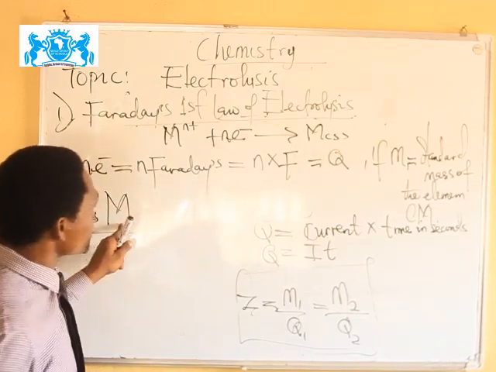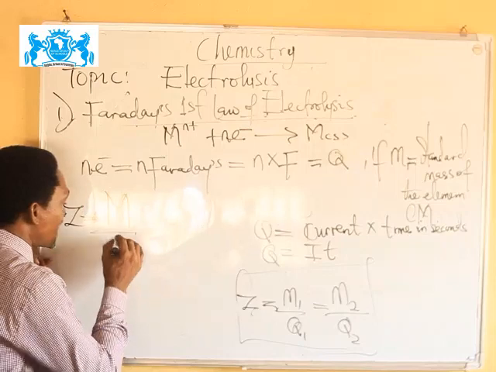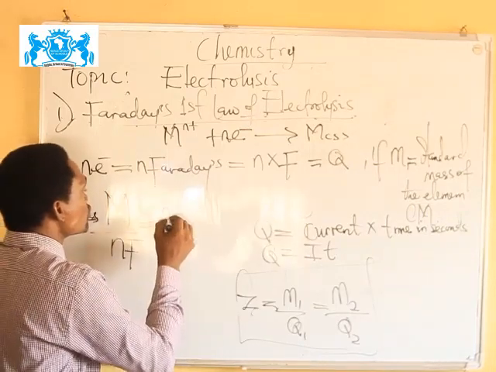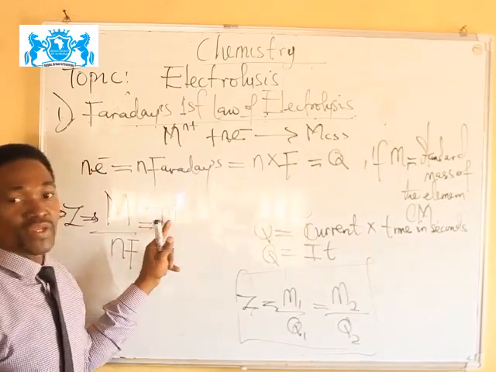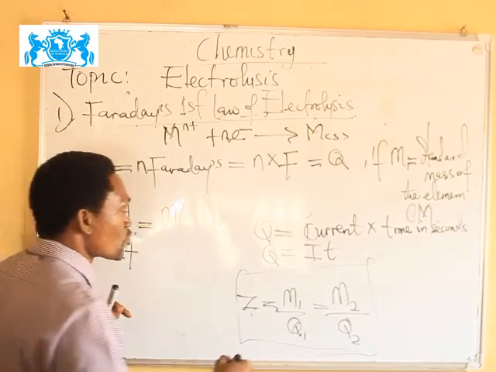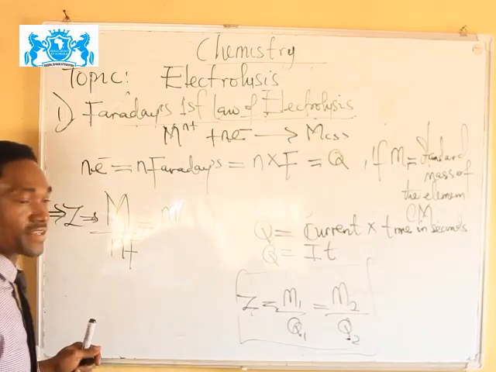For standard mass, we use standard quantity of electricity. So Z equals capital M over NF, which is equal to M2 over Q2, with M2 now representing small n, the amount of mass an element with quantity of electricity Q2 can deposit.